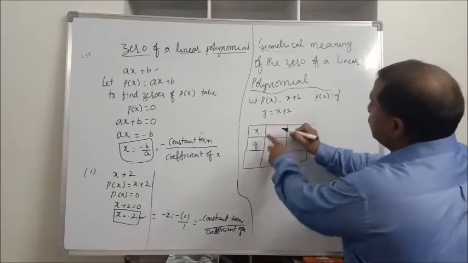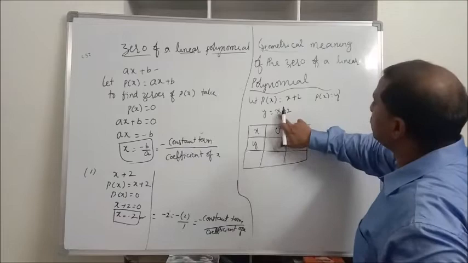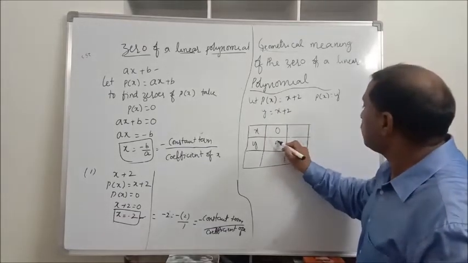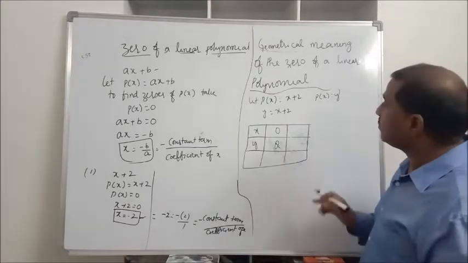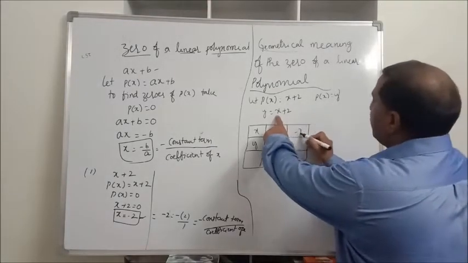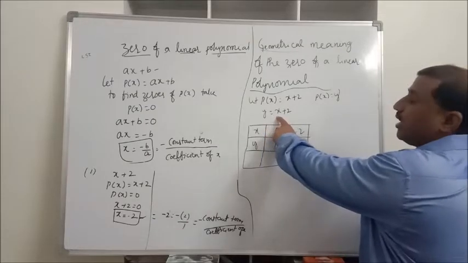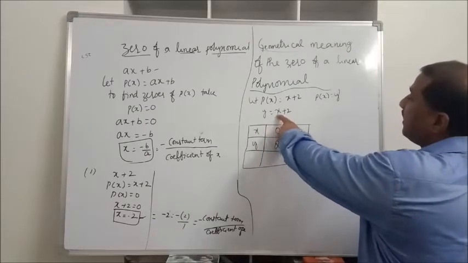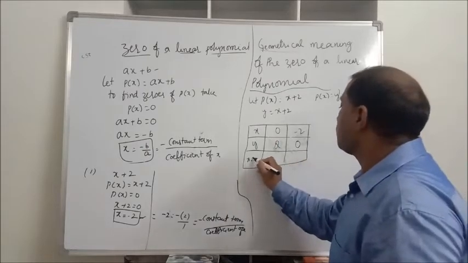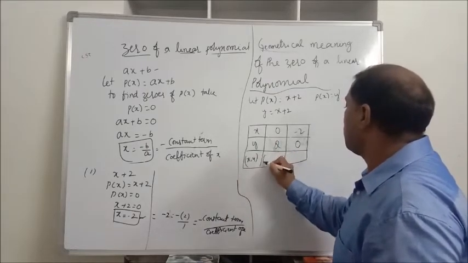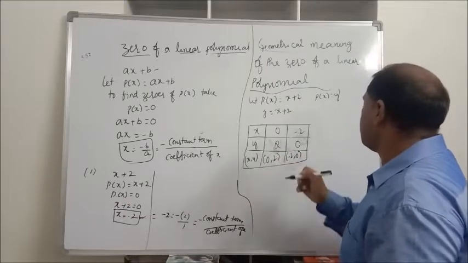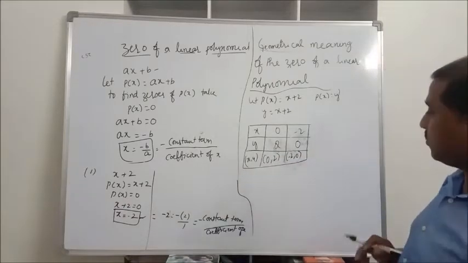If x is equal to 0, then 0 plus 2 is 2, therefore y is equal to 2. Similarly, if x is equal to minus 2, then minus 2 plus 2 is 0. Therefore the ordered pairs of this equation are 0 comma 2 and minus 2 comma 0.